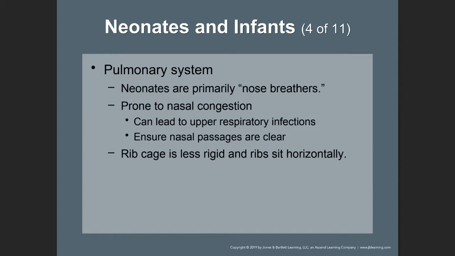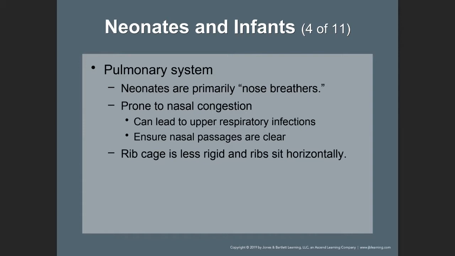For their pulmonary system, neonates are primarily nose breathers. So at birth, they rely more on their nose than mouth for breathing. If the nose is congested, it can cause complications with their ability to breathe.